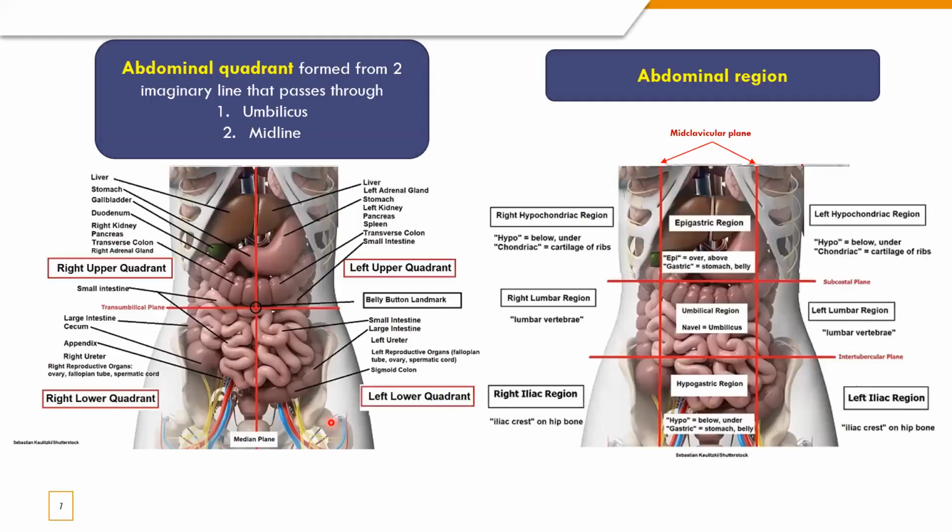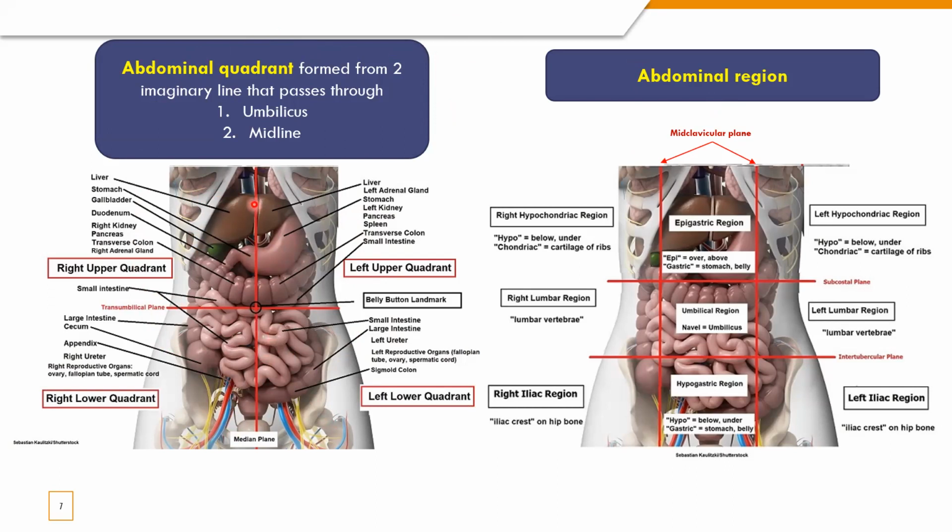Before going to the surface anatomy of the liver, where is the liver located? I'm going to introduce to you how we divide the abdomen based on two kinds of division. Number one is the abdominal quadrant, where we divide the abdomen into four quadrants. How do we divide these four quadrants?